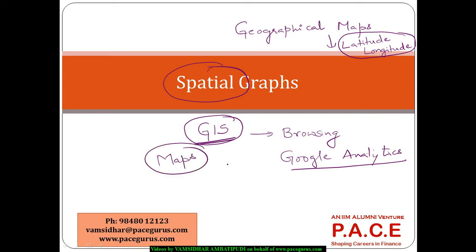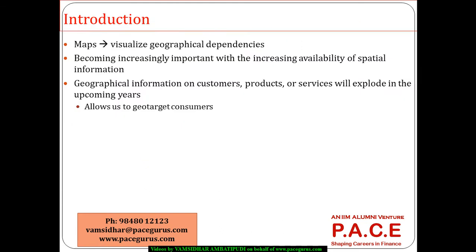And those map based representations of the data, which take into consideration the latitude and the longitude of the geographic location and do the plotting of the data, are getting classified under the heading of spatial graphs.